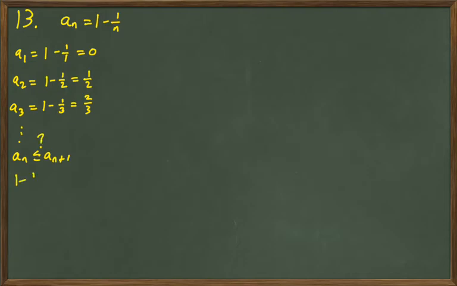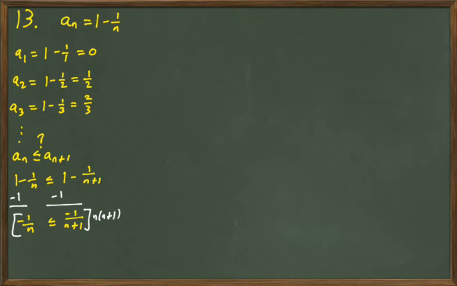So by definition, a sub n is 1 minus 1 over n, and a sub n plus 1 is 1 minus 1 over n plus 1. So again, we can subtract 1 from both sides. So is negative 1 over n less than or equal to negative 1 over n plus 1? Go ahead and multiply by n and n plus 1. So you have negative n minus 1 less than or equal to negative n.